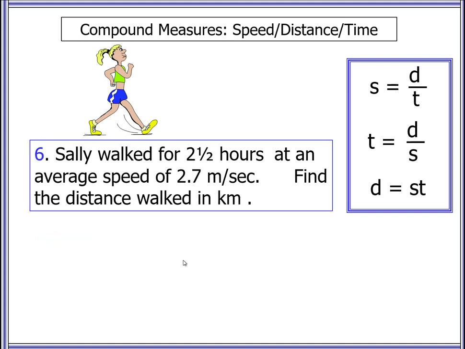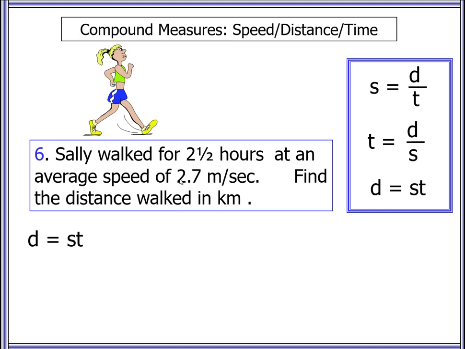And our final example, Sally walked for 2.5 hours at an average speed of 2.7 meters per second. Find the distance walked in kilometers. So we want to find the distance walked in kilometers. Now, we know that distance is given by speed times time. Distance is speed times time.